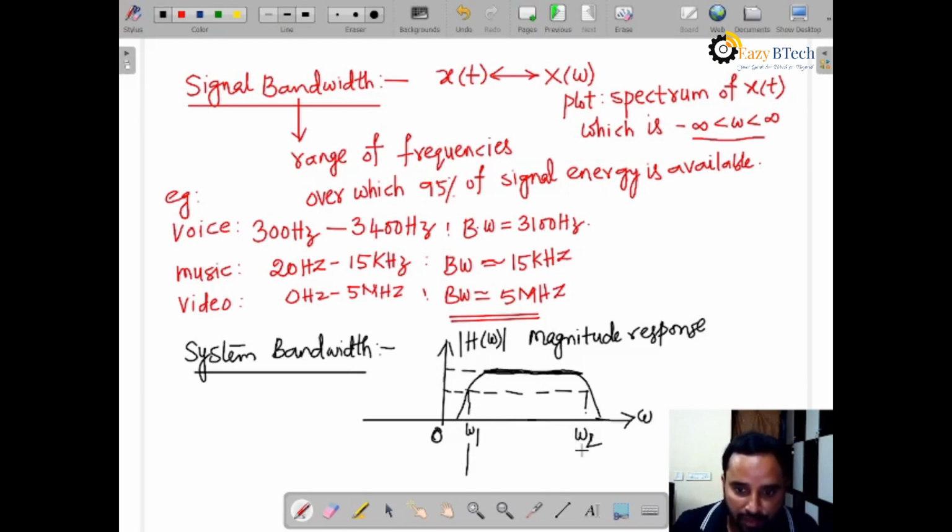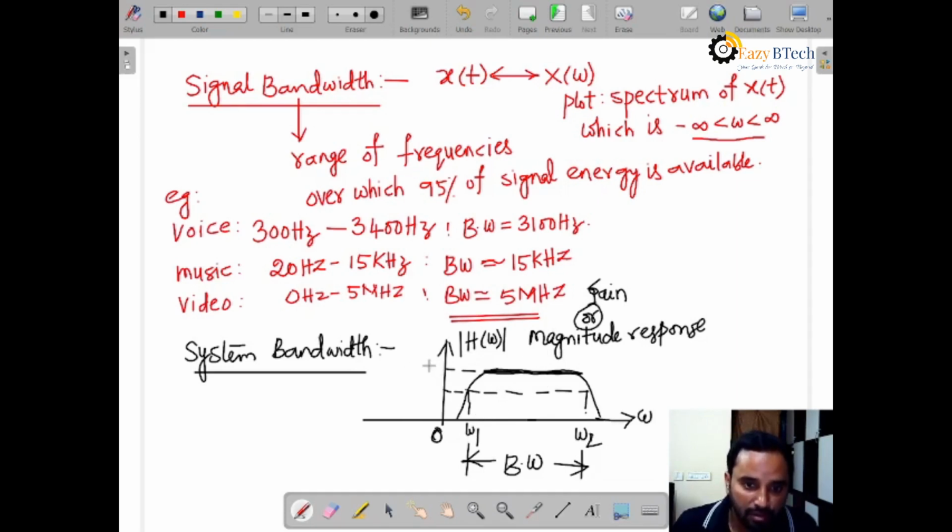The range of frequencies over which the magnitude or system gain is constant is called the bandwidth of the system.